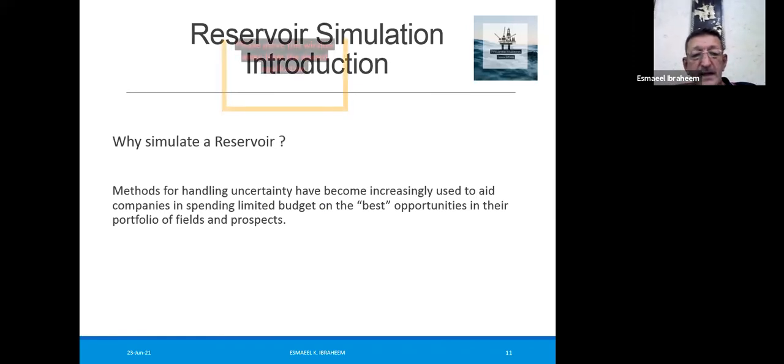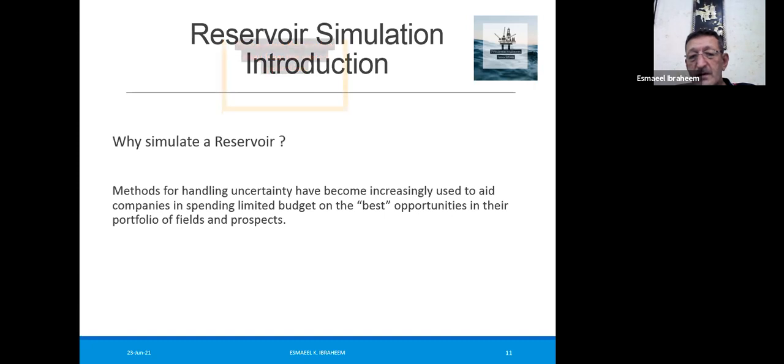Why do we simulate a reservoir? Methods for handling uncertainty have become increasingly used to aid companies in spending a limited budget on the best opportunities in their portfolio for field and prospect. This will give you a shorter way to decide and to implement an EOR method.